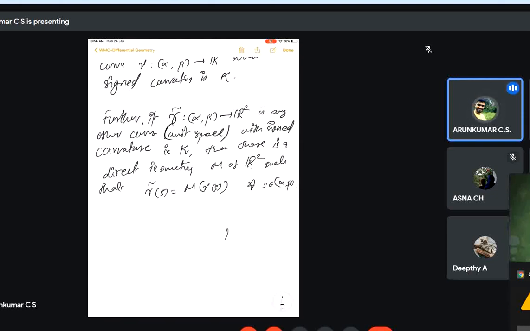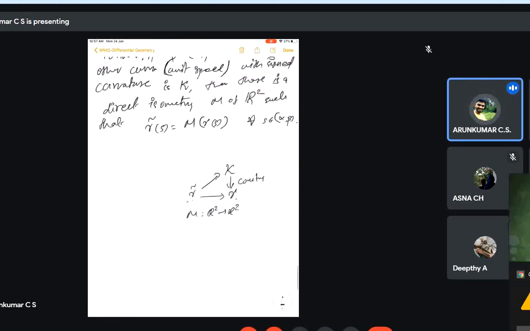I have a function K, so I can construct some gamma such that the signed curvature of gamma is K. Suppose there is another curve gamma tilde whose signed curvature is also K. Then I can find a map from R2 to R2 that takes gamma to gamma tilde.